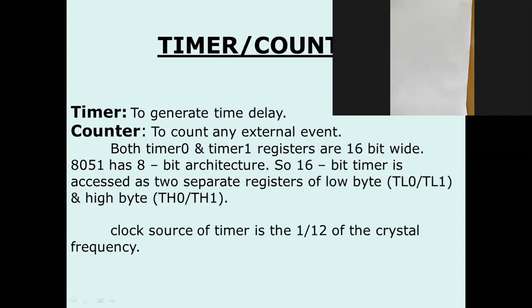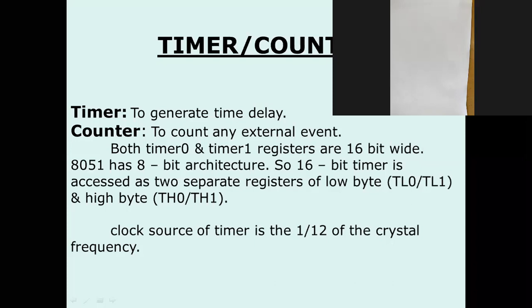Both timer 0 and timer 1 are 16-bit registers. If we remember the structure of the internal RAM, these two 16-bit registers are divided into two 8-bit registers, timer low and timer high.